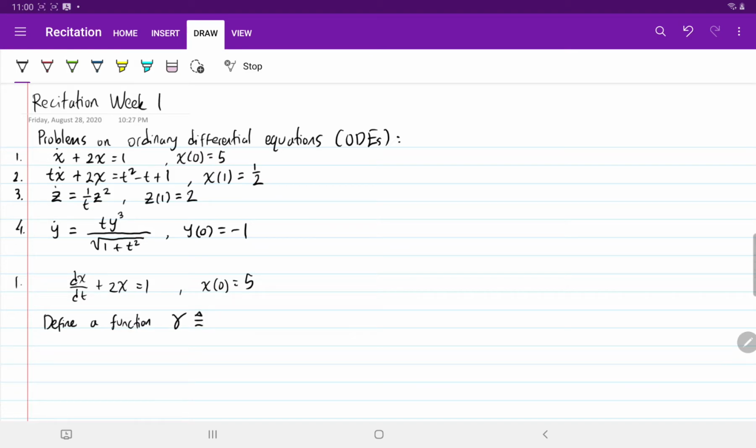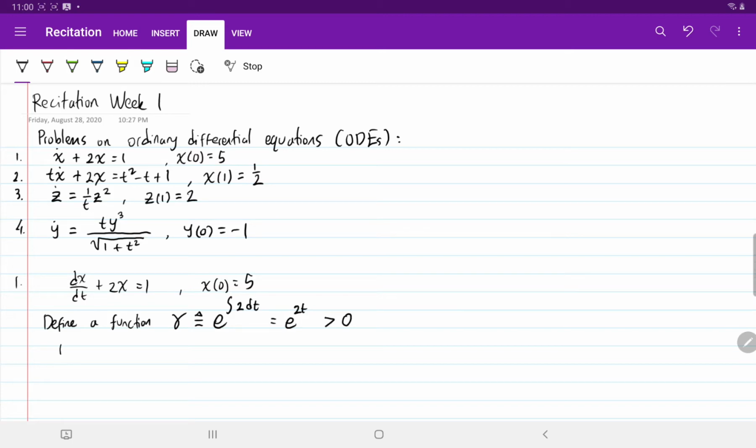Gamma is defined as e to the integral of 2 dt, which is equivalent to e^(2t). This is always greater than 0, right? So we can multiply the original problem by gamma.